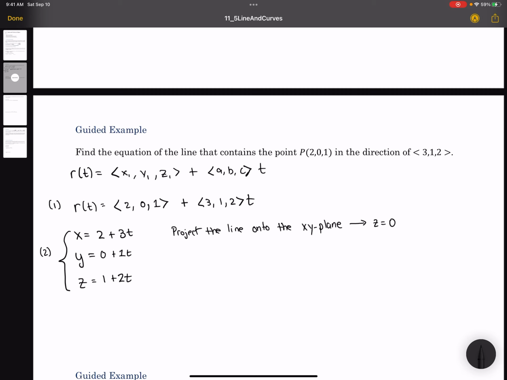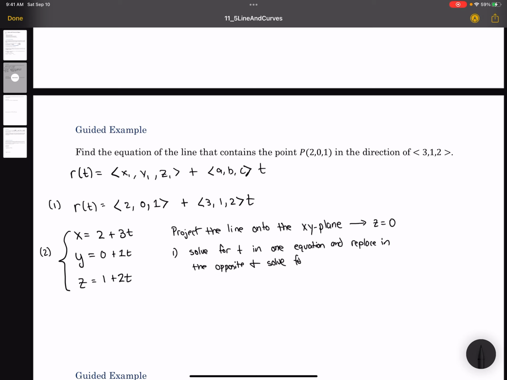So what we want to do is solve for t in one equation and replace in the opposite.